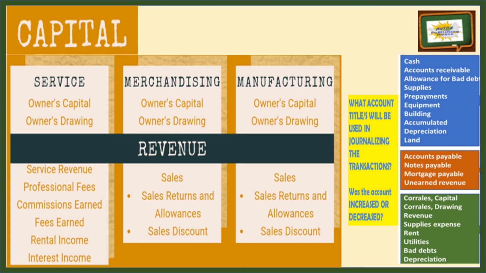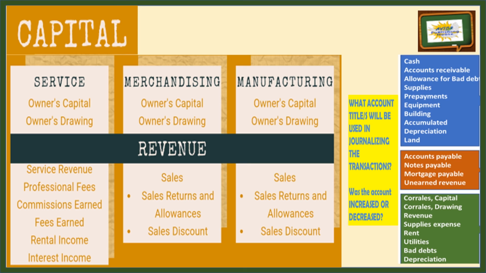If it is the practice of a profession, then you call it professional fees or service fees. But if you only receive commission for extending or generating sales, then you have commissions earned, fees earned. When you're leasing a property, then you have rental income. Or if you are a lending institution, then you have interest income.